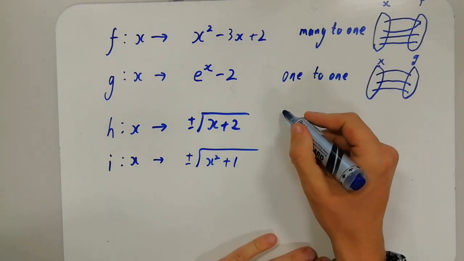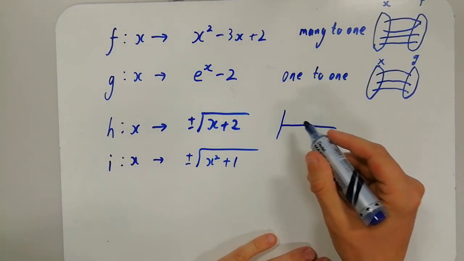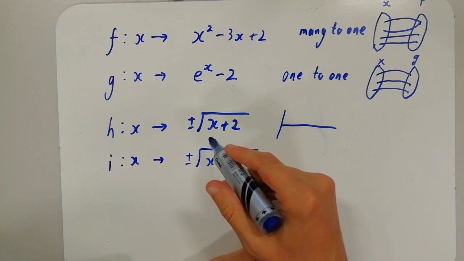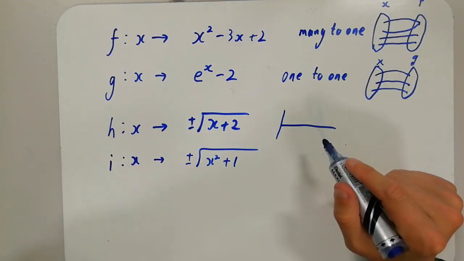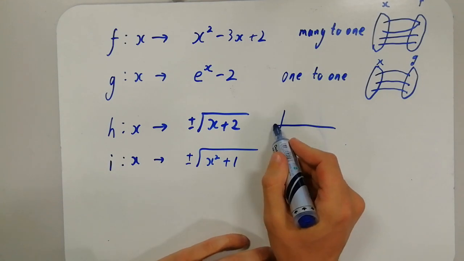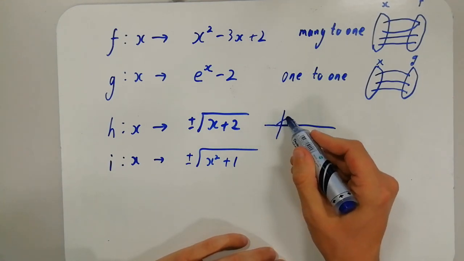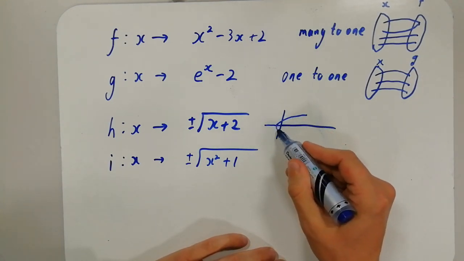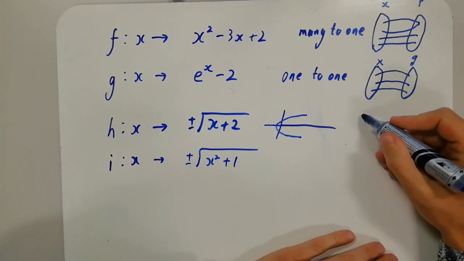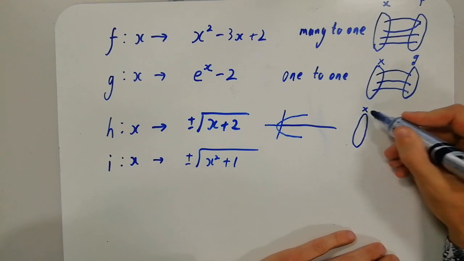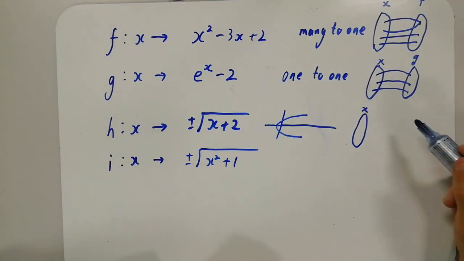Now let's look at this. So this is the inverse of some sort of quadratic. So it's saying that I've got plus or minus the square root of x plus 2. So our graph will look something like that. But importantly here, I've got a plus or minus.